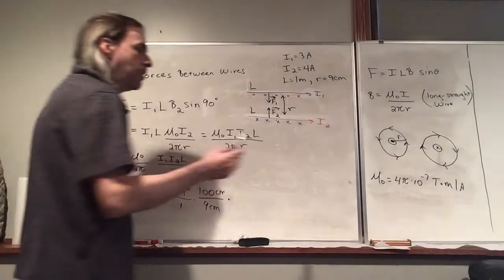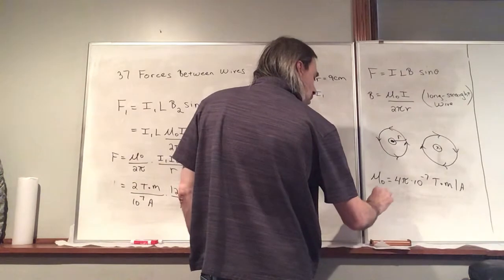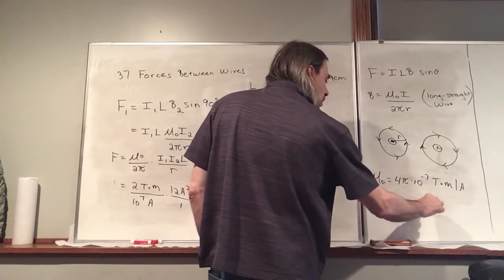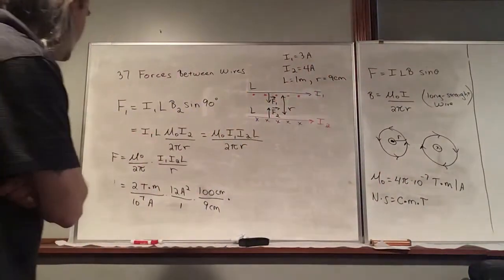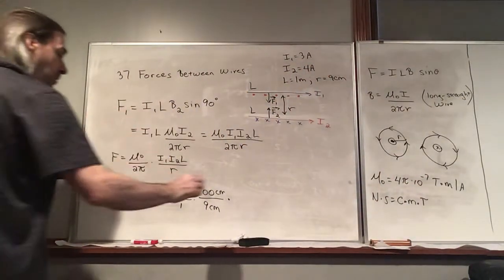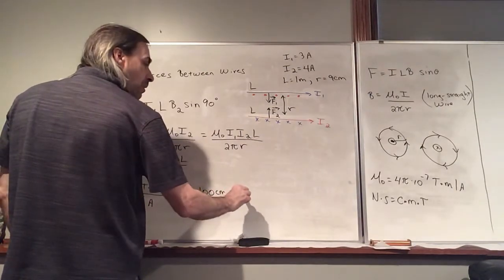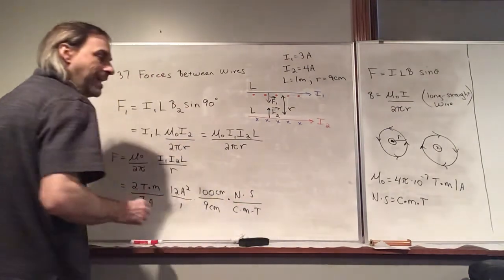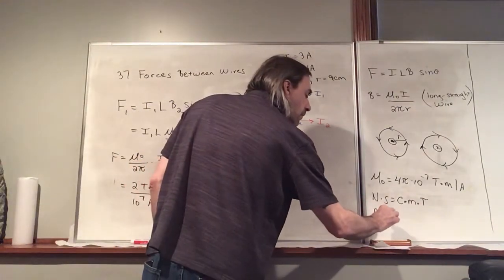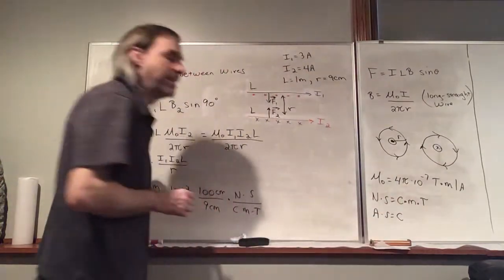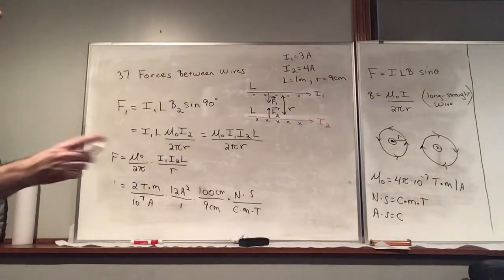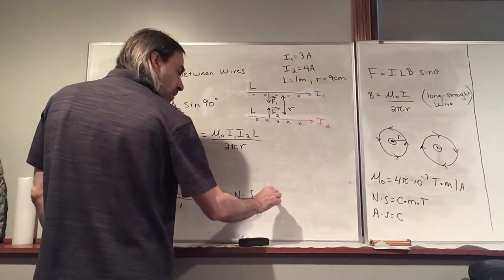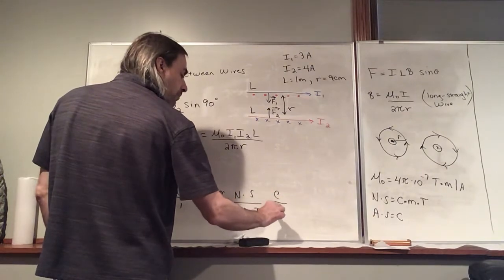One of them we might need is a Newton times a second is a Coulomb times a meter times a Tesla. So let's throw that in here. Remember, an amp is a Coulomb per second. So an amp times a second is equal to a Coulomb.